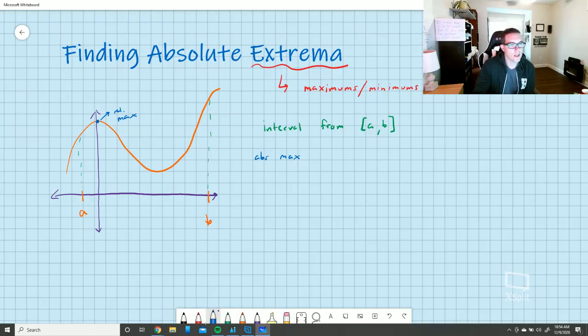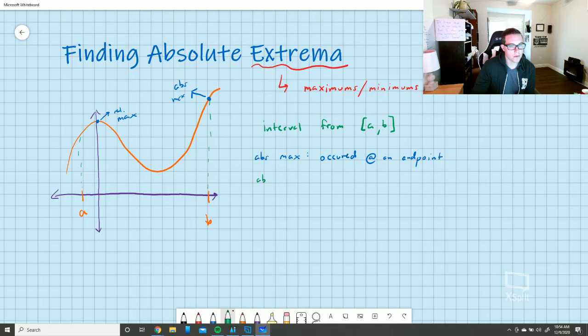But here at this endpoint, that's the actual absolute max. It's the highest point. So in this case, the absolute max occurred at an endpoint. There is a point that is the highest point in an interval, and that's called the absolute max.